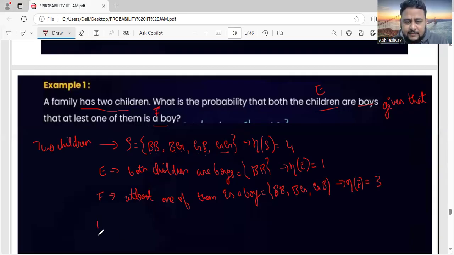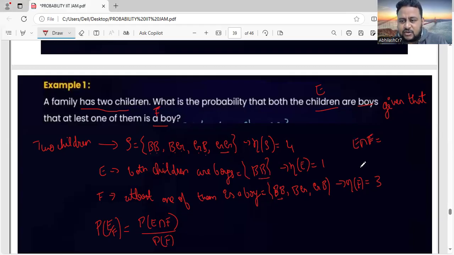That means we have to find the probability of E with respect to F, which is given by probability of E intersection F divided by probability of F. Now here we have to find E intersection F. E intersection F means what is common between E and F. This is common and this is common, so here it is B and B. So the cardinality of E intersection F is nothing but 1.